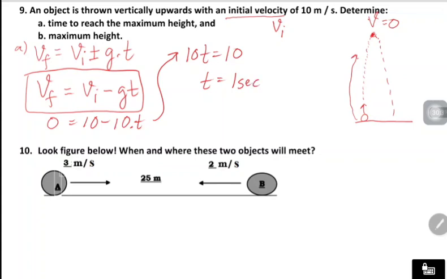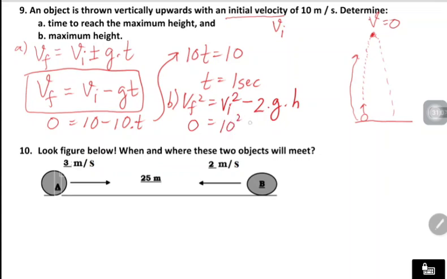The maximum height can be found using the formula: final velocity squared equals initial velocity squared minus 2 times gravity times height. 0 equals 10 squared minus 2 times 10 times height.